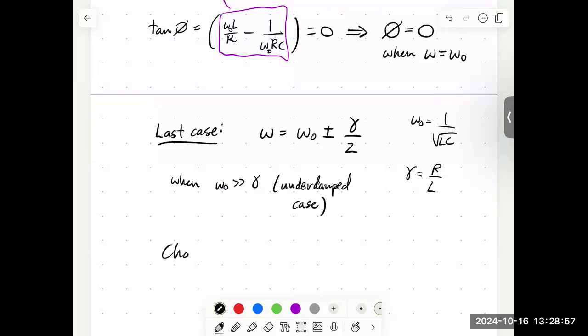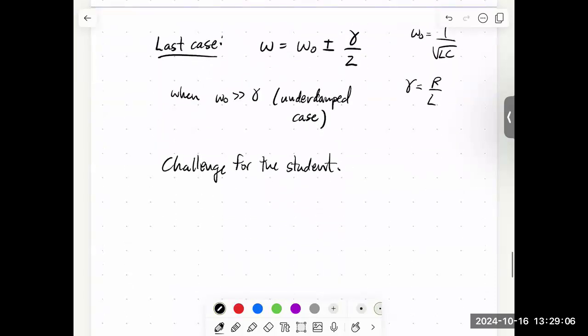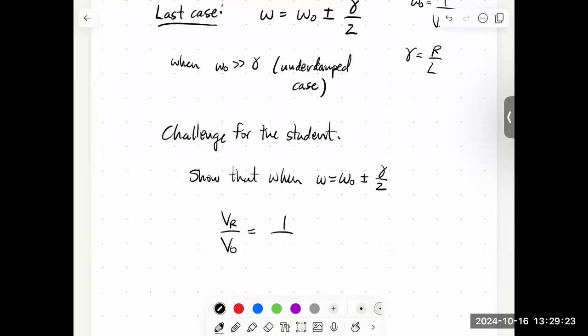Okay, so here's a challenge for you. So show that when omega is equal to omega naught plus or minus gamma over 2, the voltage ratio is equal to 1 over root 2, and tan of phi is equal to 1, which implies that phi is pi by 4.